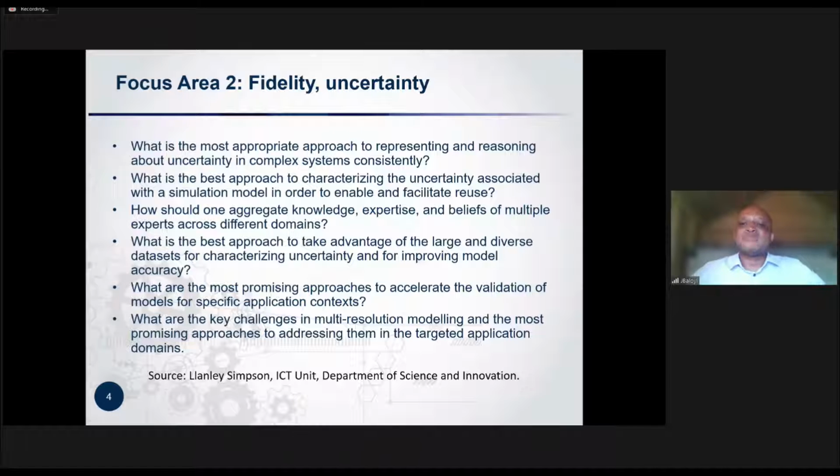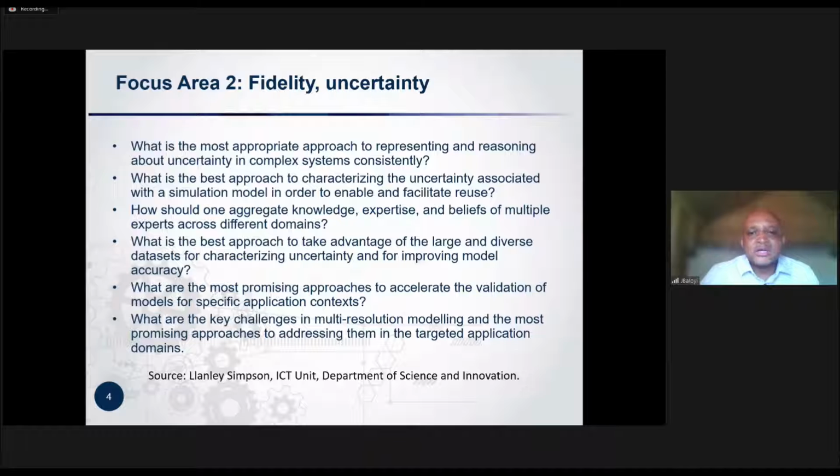You may have to establish a new framework, a new protocol, for quantifying it. Some of the questions could be: what is the most appropriate approach to represent and reason about uncertainty in complex systems? You want it to be consistent, a tried and tested method that you trust for quantifying that uncertainty and reasoning about it.